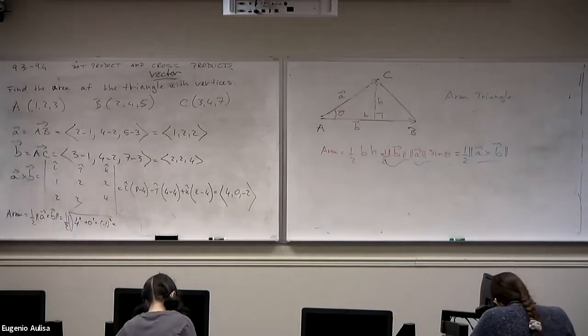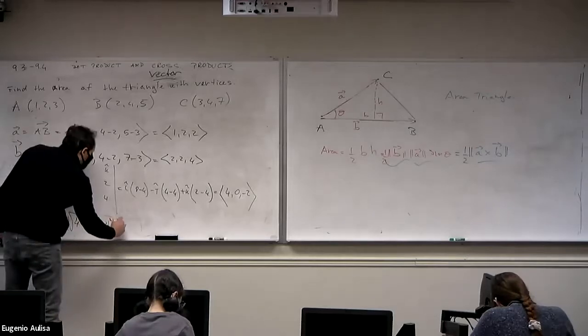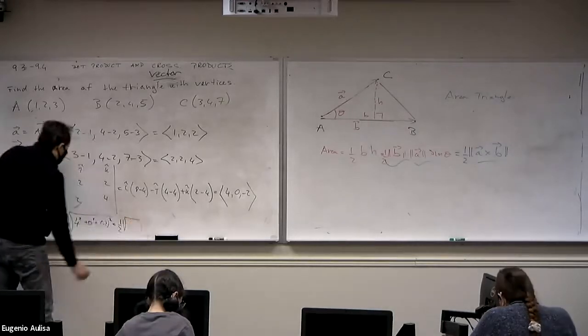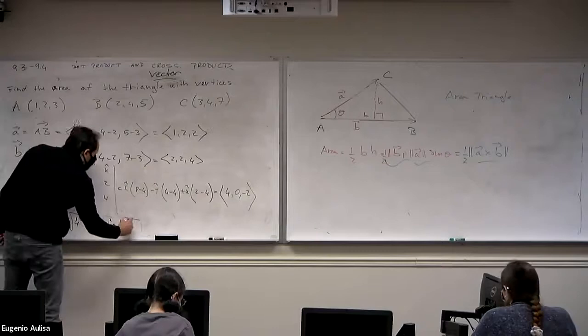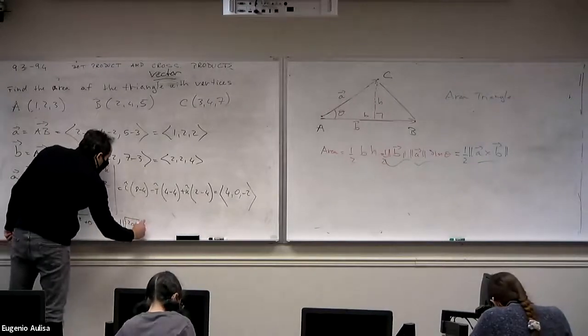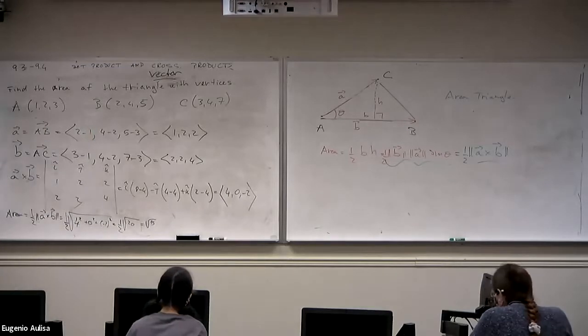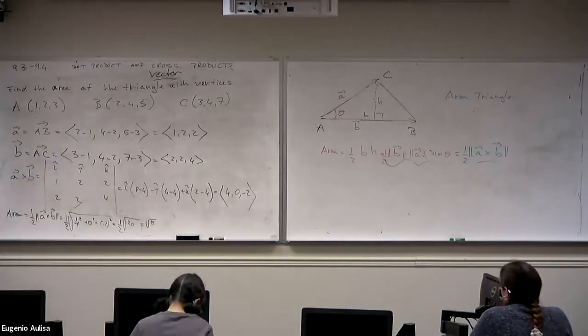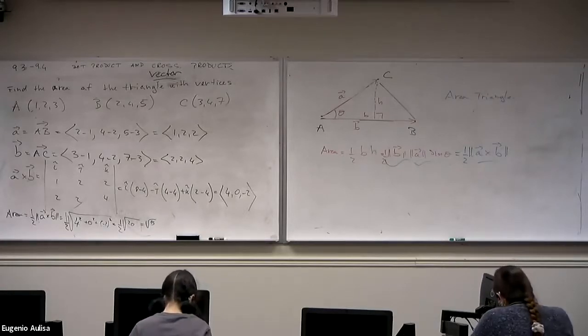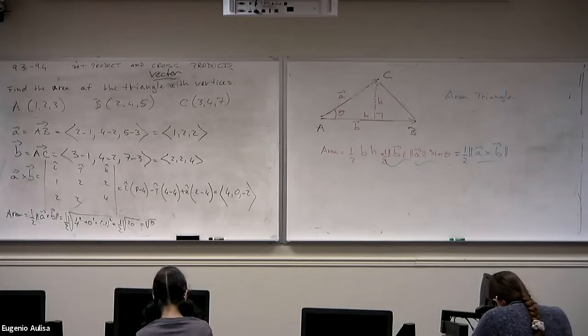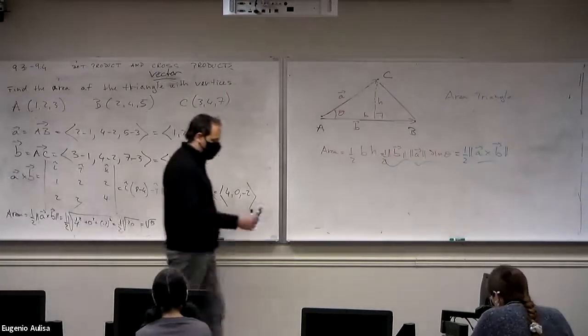So 1/2 square root of 16 plus 4, 20, square root of 5. You can collect the 2 out of the square root of 20. Okay? So this is just an application of cross product.